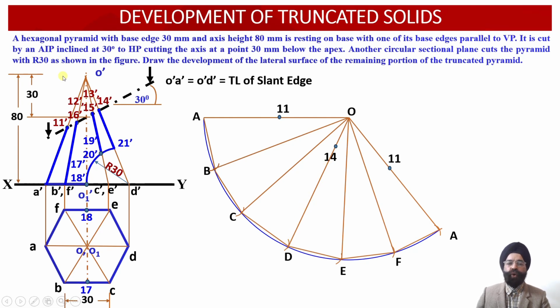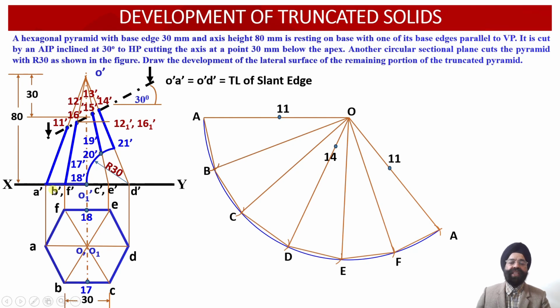But there are 4 more points: 12, 13, 15 and 16. These points of intersection are obtained on the apparent length of the slant generator. Corresponding to these 4 points, we are required to draw horizontal projector lines onto the true lengths, either on this side or on this side. Corresponding to the points 12 and 16, we have drawn a horizontal projector line onto the true length.